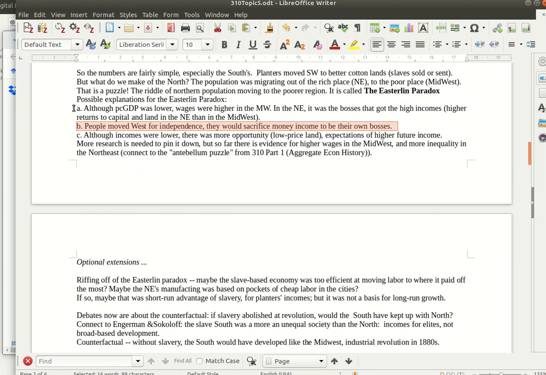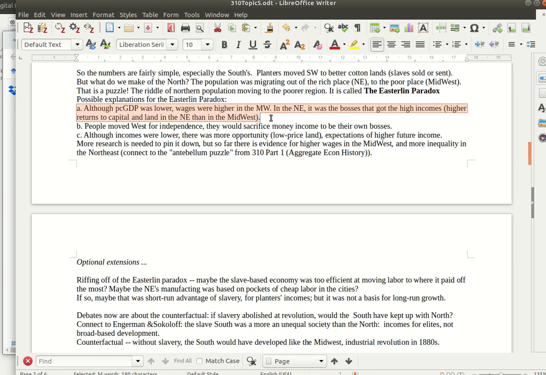One is kind of an idea of inequality with reference to returns to labor versus returns to capital and land. It's possible that there was a sort of inequality in the Northeast so that ordinary folks were making very low wages, and those low wages in the factories and as employees on eastern farms were generating high incomes for the owners of the factories, and maybe landowners were making lots of money, but maybe labor incomes were low.